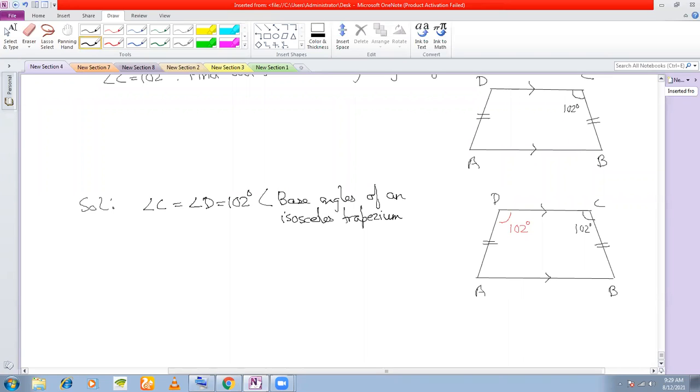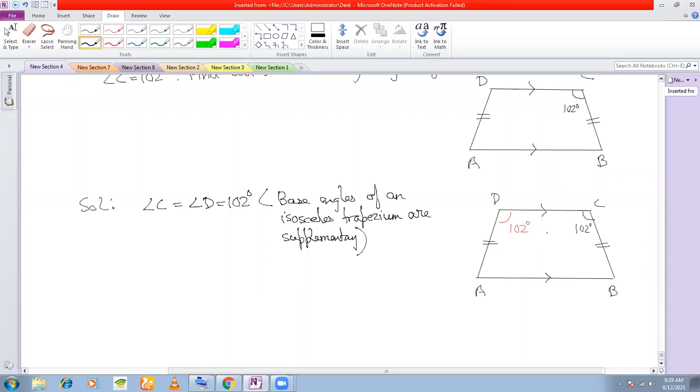But we are talking about base angles, not adjacent angles here. You understand the difference between base angles and adjacent angles? No, sir, there is my confusion. Both the properties hold. The adjacent angles must be equal to 180 degree, and the base angles must be equal.